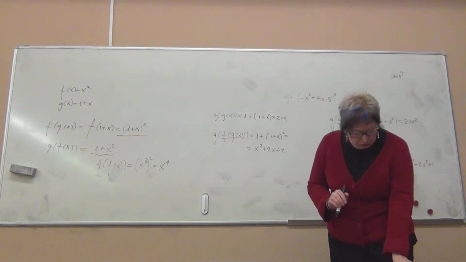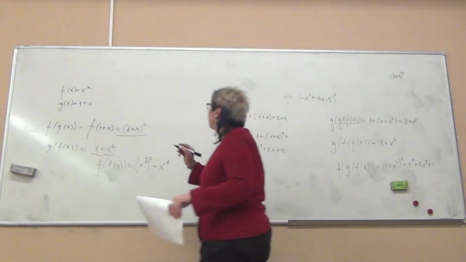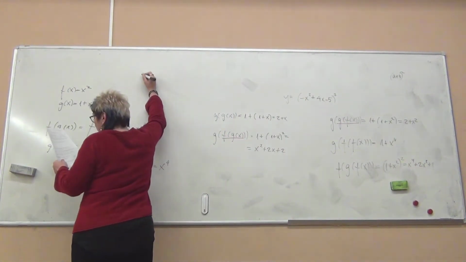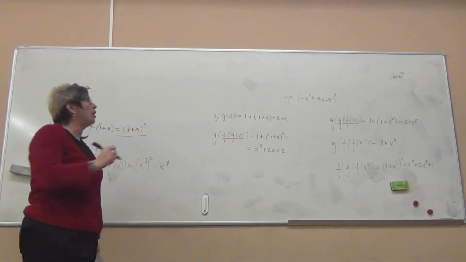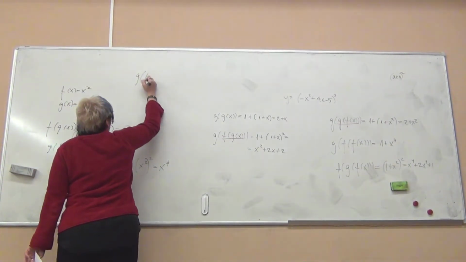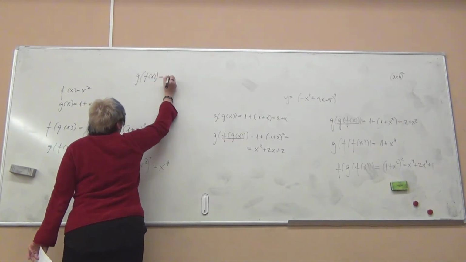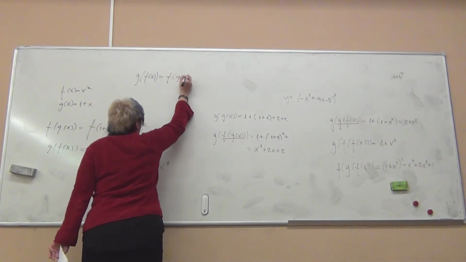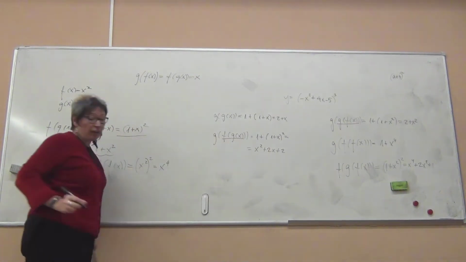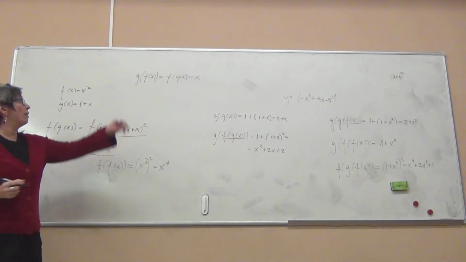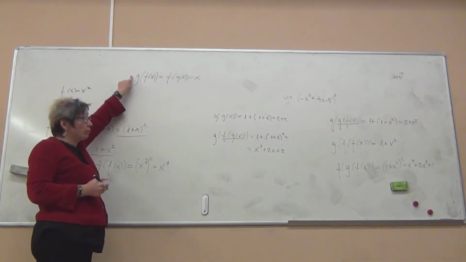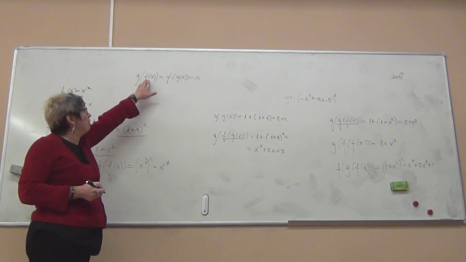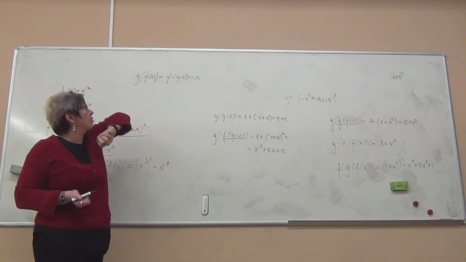The definition for the inverse function, of course: the two functions g and f are inverse if g of f of x is the same as f of g of x, and it's x. In other words, if I find the function f of x, then if g is the inverse, it will bring me back from that value to the original x value.